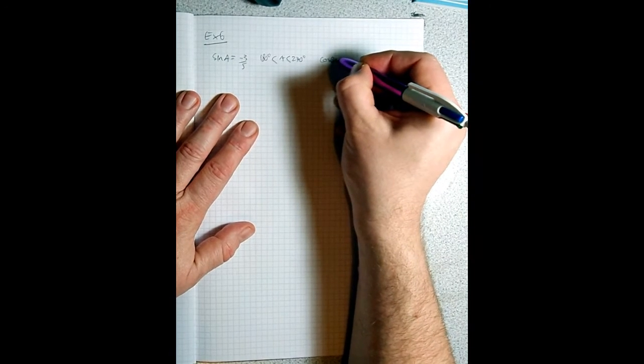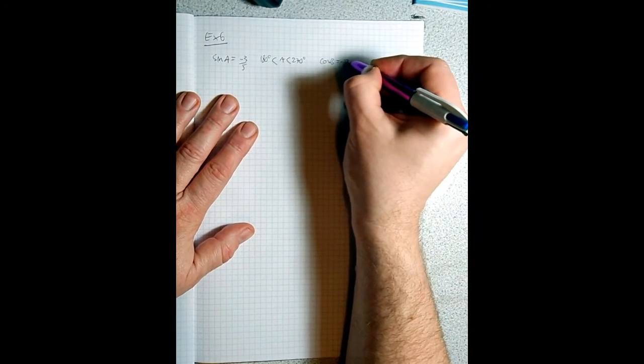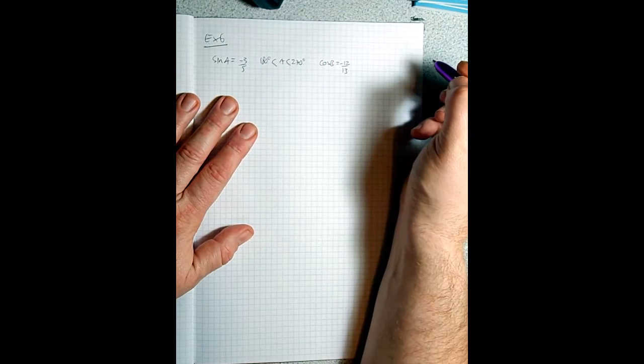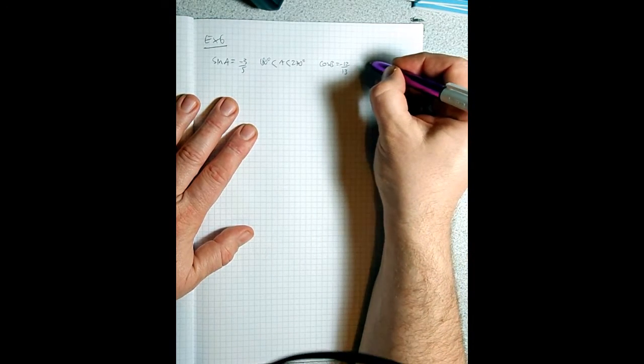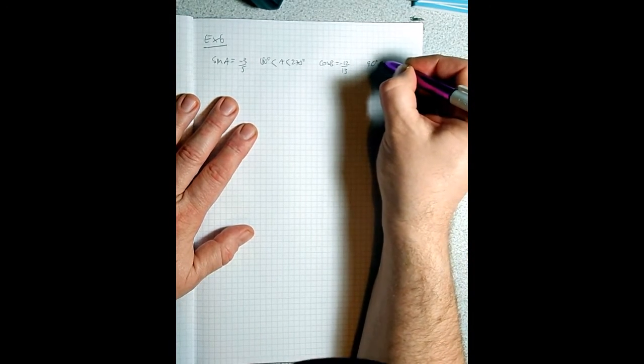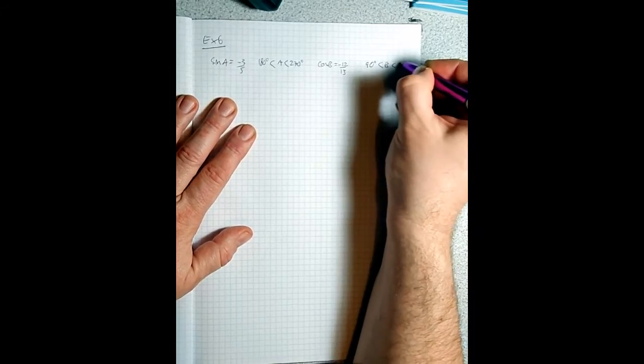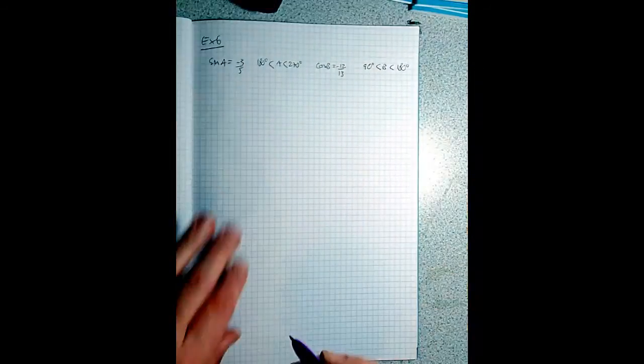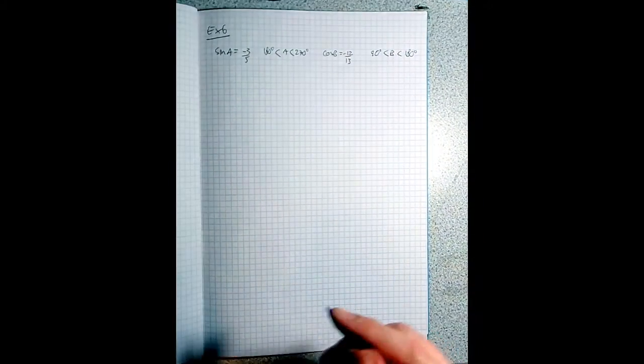Cos B is minus 12/13. B is obtuse, so remember that means between 90 and 180. Find exact values of cos(A minus B).